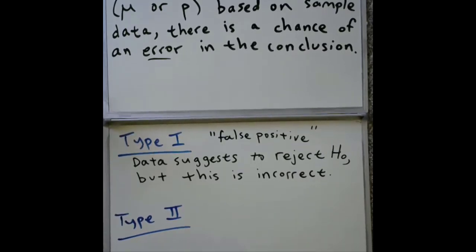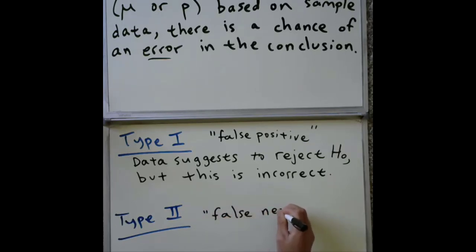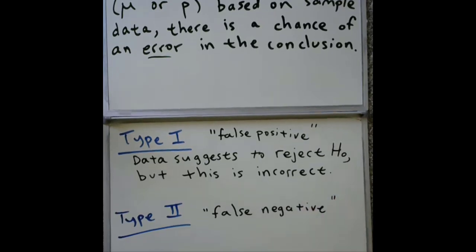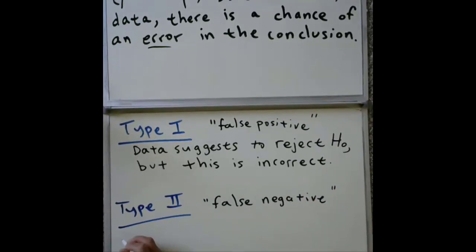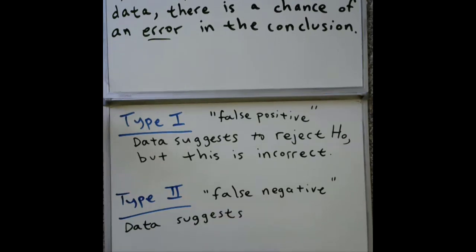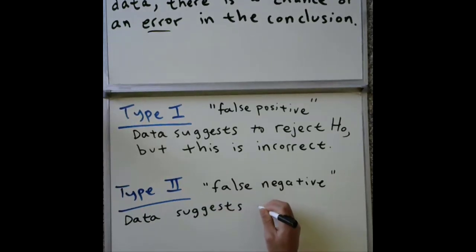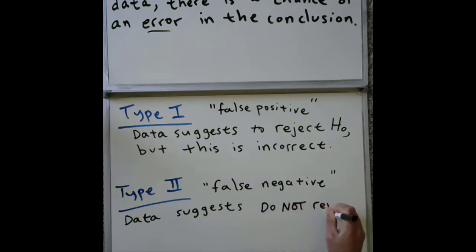A type 2 error is akin to a false negative, and it could occur when we do not reject the null hypothesis.